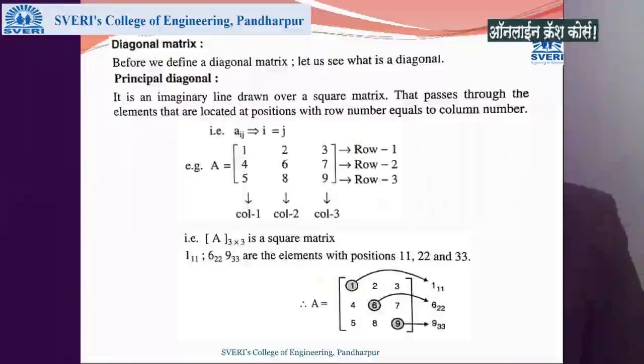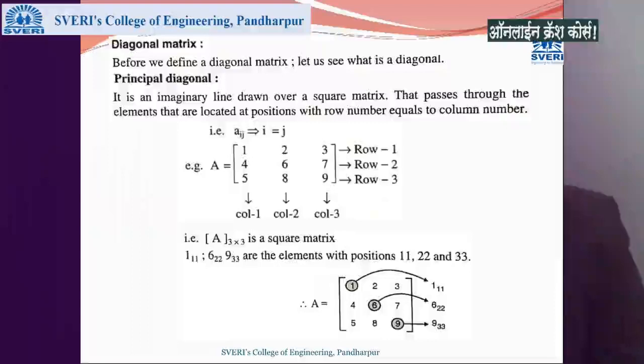It is an imaginary line drawn over a square matrix that passes through the elements that are located at position with row number equal to column number. Means here i is equal to j. Actual principal diagonal we are taking as the elements in this figure.